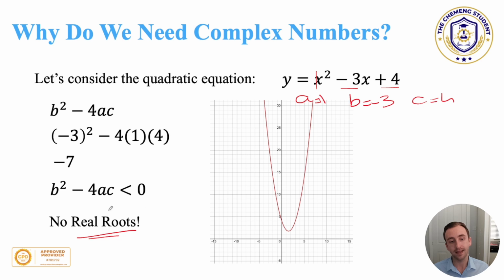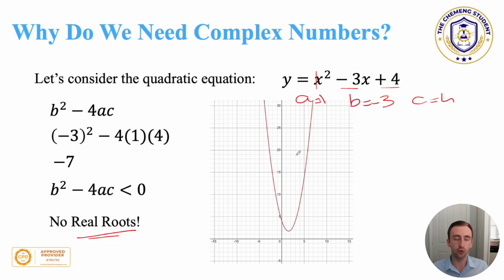In this realm, we are saying it doesn't exist, but we can graph it to show that it does exist. So that means there has to be a way in which we can use mathematics to represent the equation of this particular quadratic.